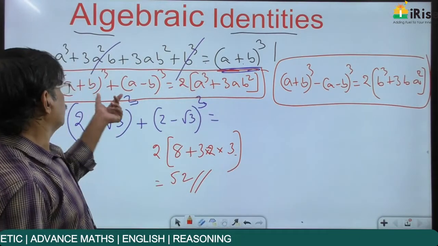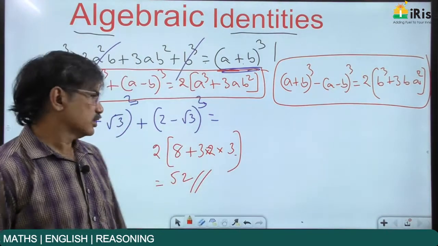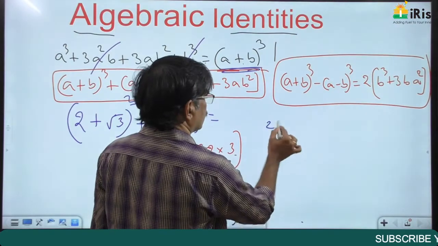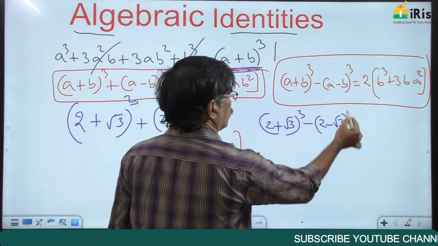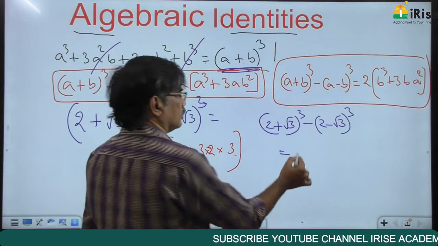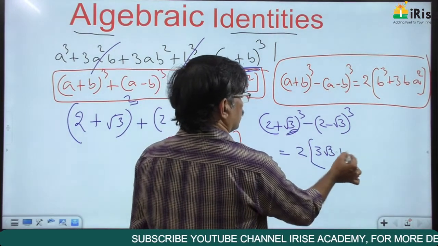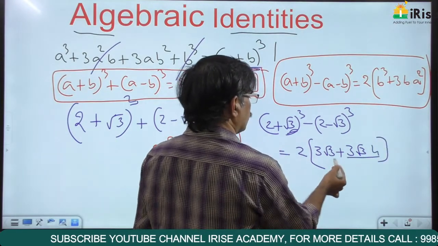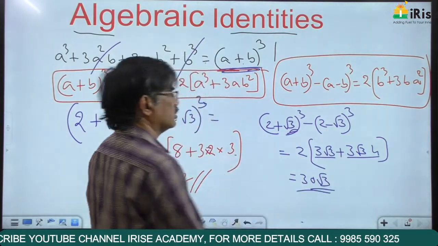Just the same question: what is (2 plus root 3) whole cube minus (2 minus root 3) whole cube? The formula is 2 times (b cube plus 3b a square), that is (3 root 3 plus 3 root 3 into 4), which is 12 root 3 plus 3 root 3, 15 root 3, into 2, 30 root 3 is the answer.